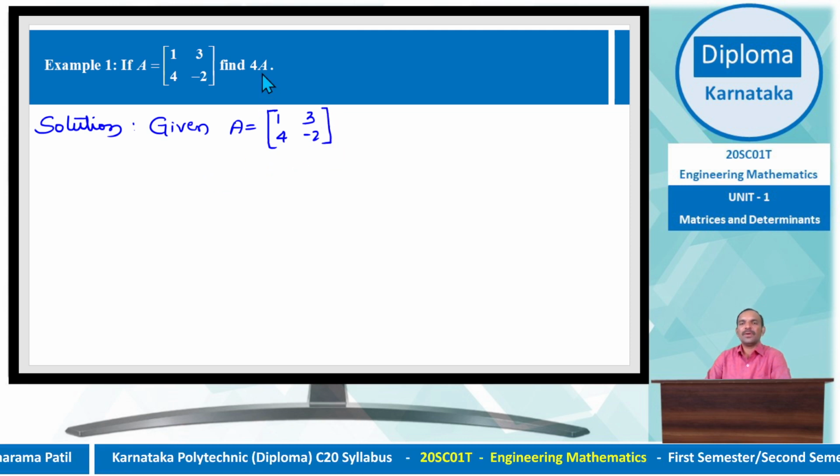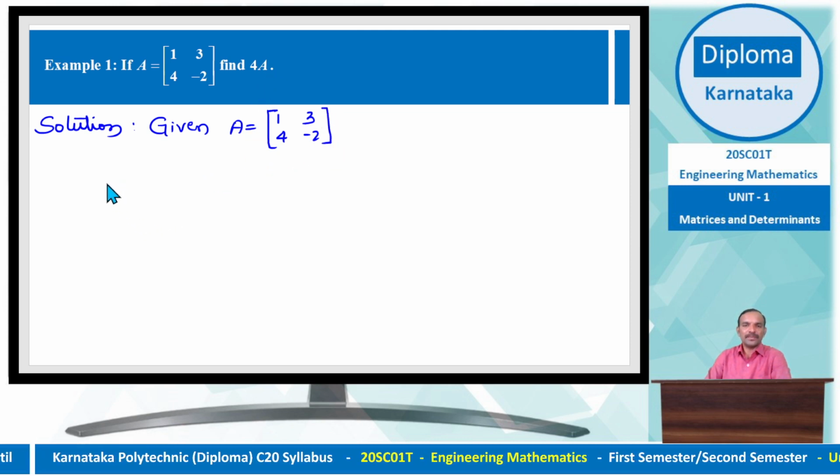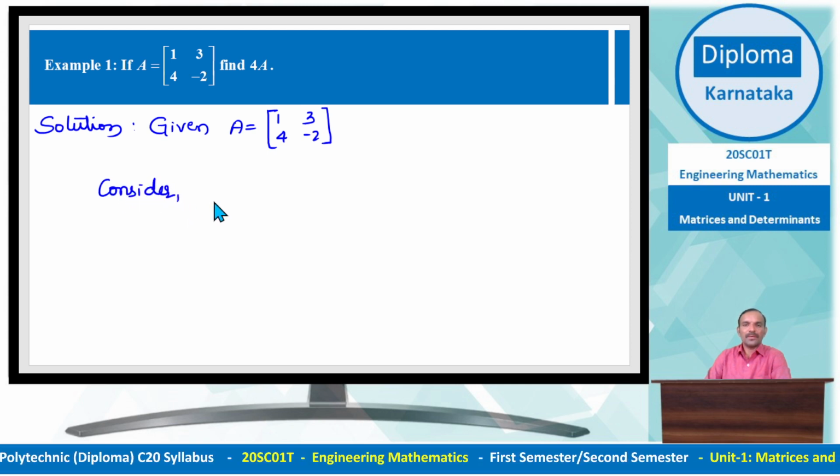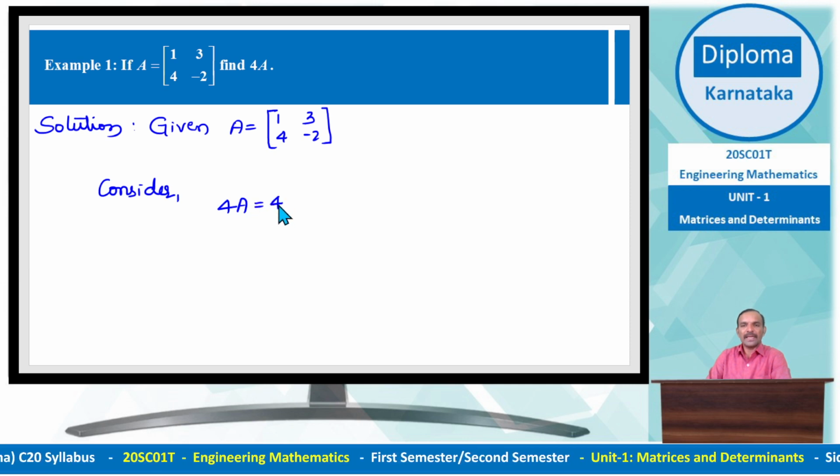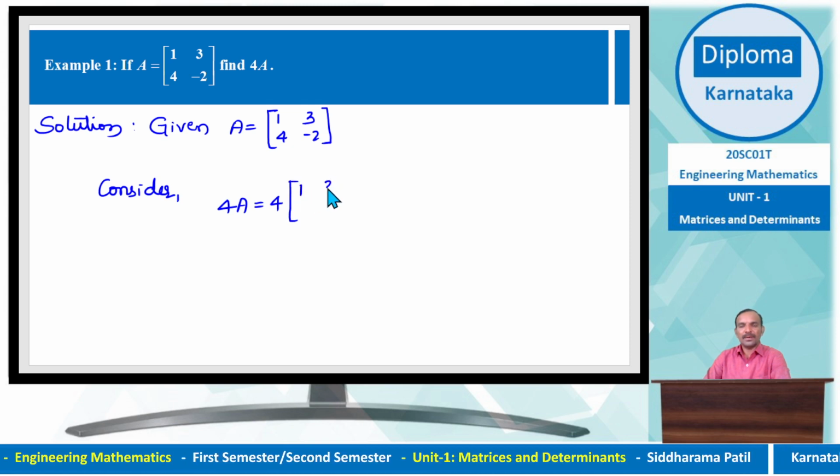What you have to find out is 4A. Consider 4A equal to: first write 4 as it is, then write matrix A. A is [1, 3; 4, minus 2].